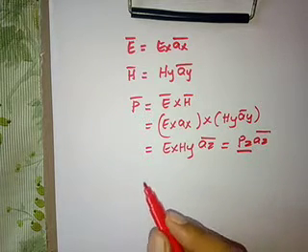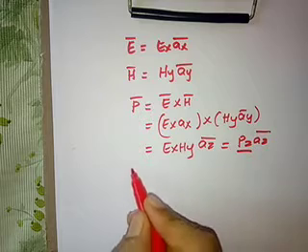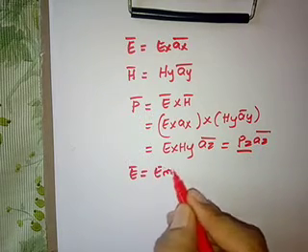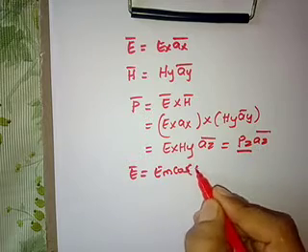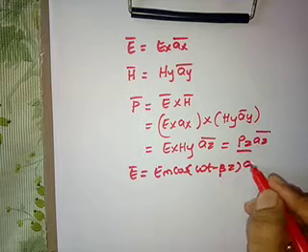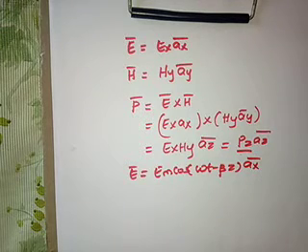Consider the electric field propagating in free space, and it is given by E bar is equal to Em cos of omega t minus beta z Ax bar, right? That is the electric field propagating in free space.